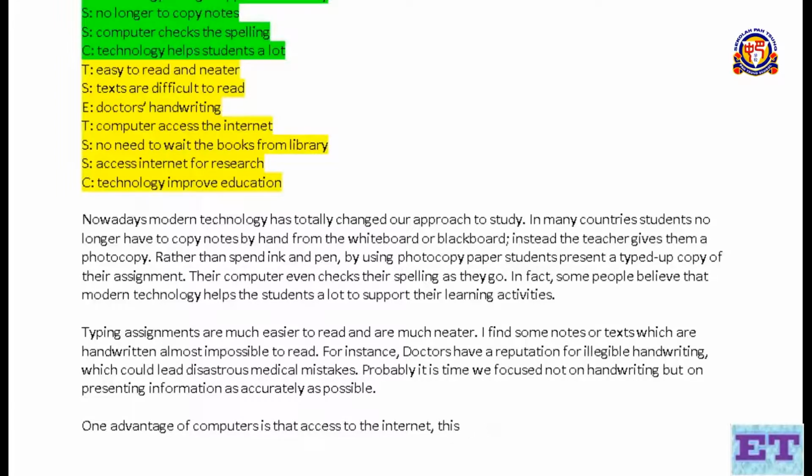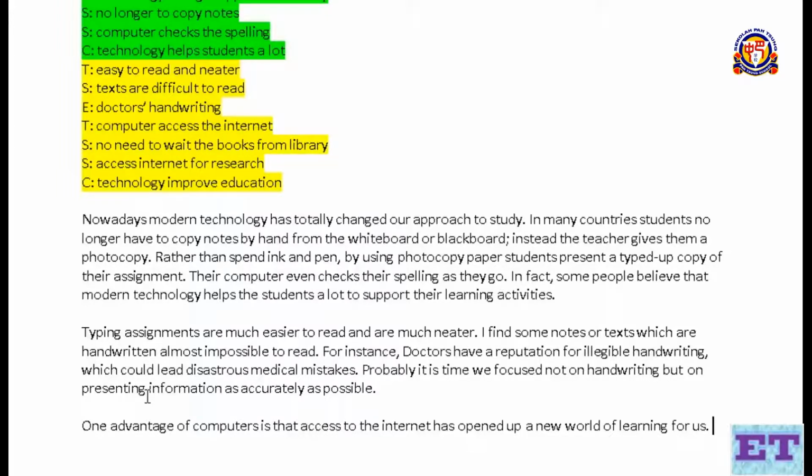This has opened up a new world of studying or learning for us, right?